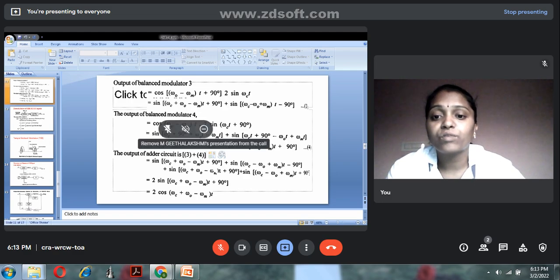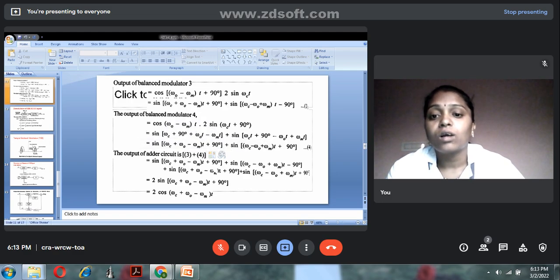Then the output of balance modulator 4 is cos omega naught minus omega mt, that is the LPF2 output, into the carrier signal which is 90 degrees shifted. So we have the formula here also, 2 sin A sin B, so cos A minus B plus cos A plus B. So then we have equation numbers 3 and 4. This is for the balance modulator 3 and 4 outputs.